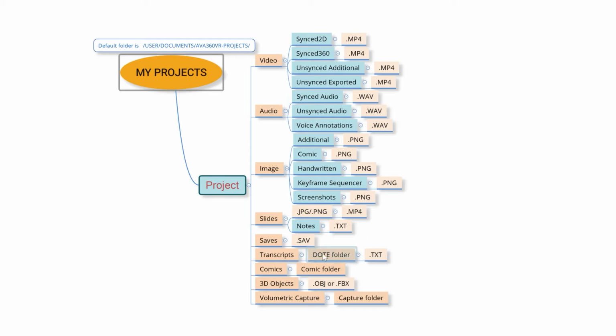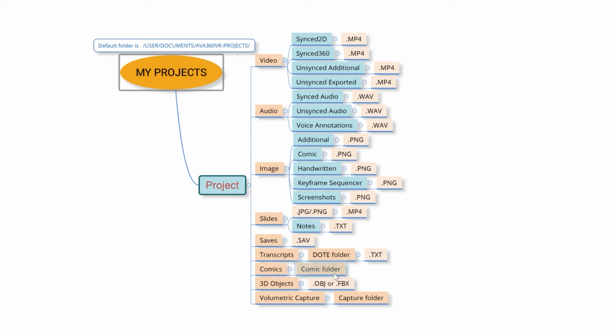If the transcript, of course, is made for a different clip and a different time code, then it won't work. It will not show correctly. So it has to be made with the Sync 360 or a Sync 2D or the synced audio. Any of those, as long as it's synced together, then you'll be able to import your transcript.